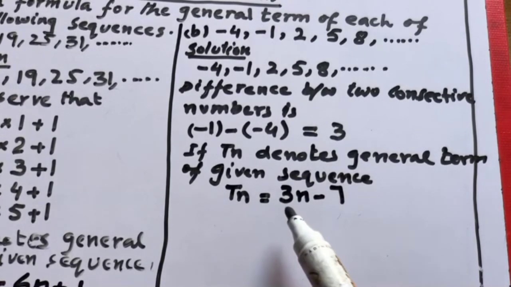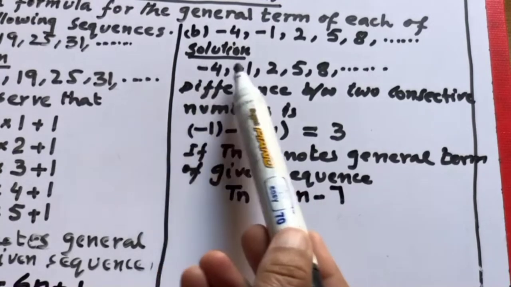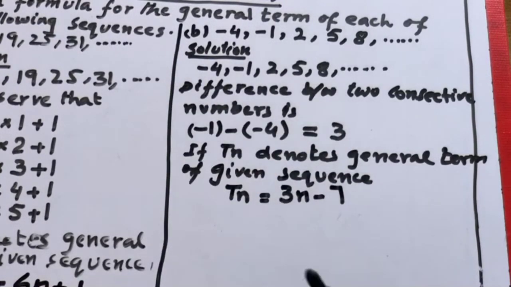If we follow this general term formula, we can generate any term of the given number sequence.